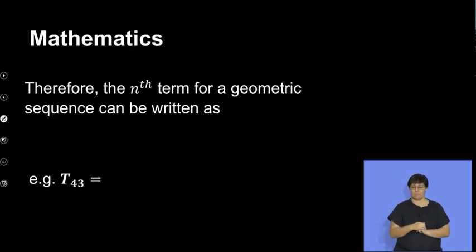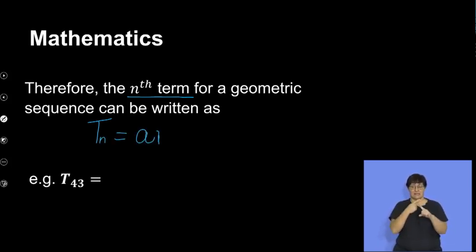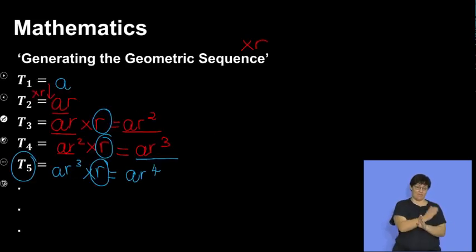So we can therefore say that the nth term for a geometric sequence can be written as Tn is equal to A times r to the power of n minus 1. Now you might be asking, why the n minus 1? If I go back to my previous slide, I can see that each time the power of r was 1 less than the term value.